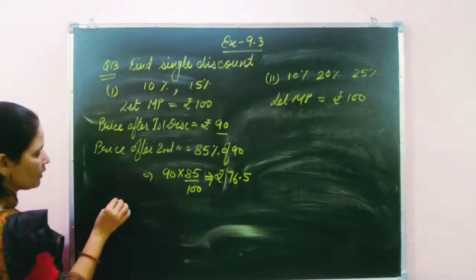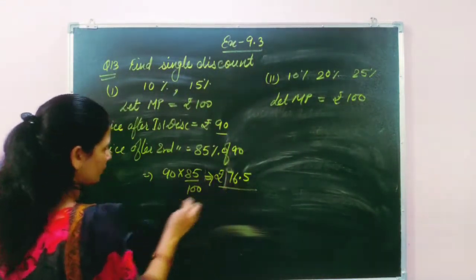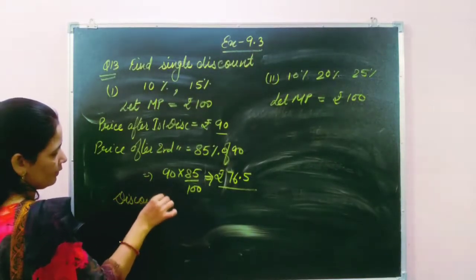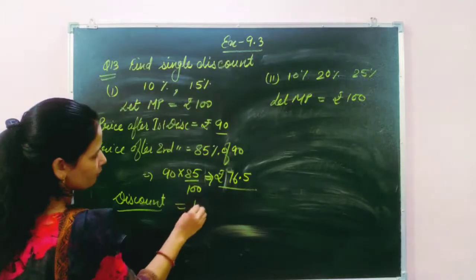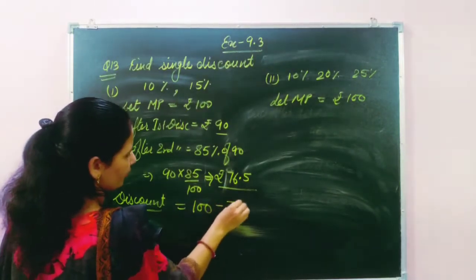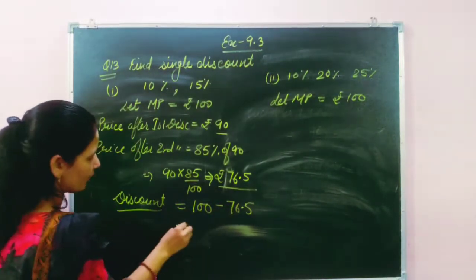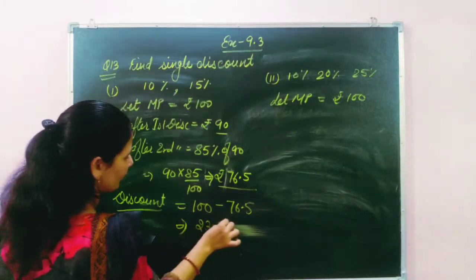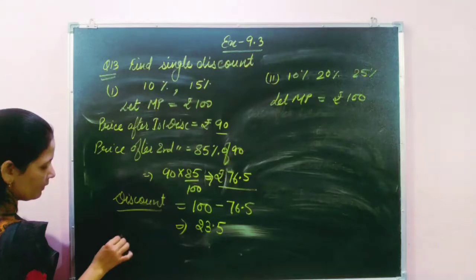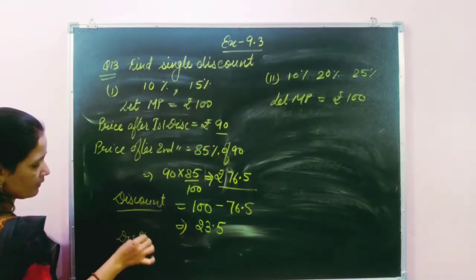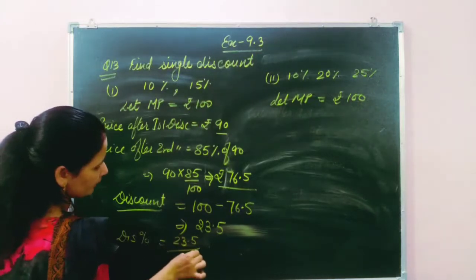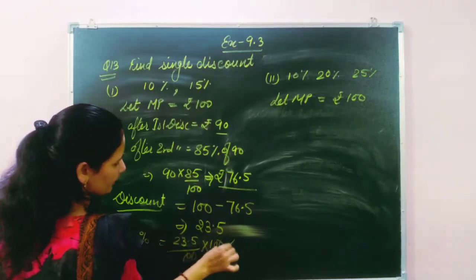If we subtract this amount to find the single discount, this final price subtracted from the 100, we get from here 23.5. So if we convert it to a decimal discount percentage, 23.5 divided by 100 multiplied by 100%.